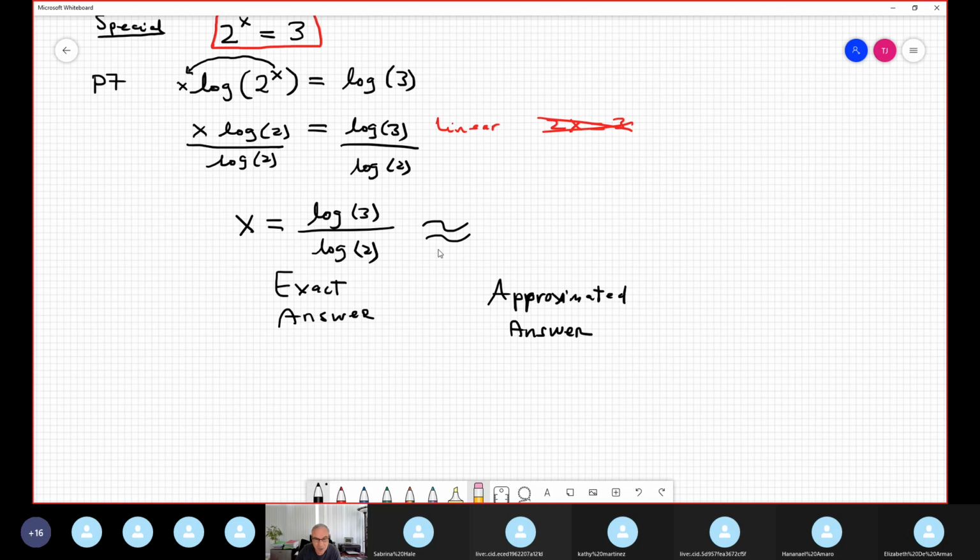Well, okay, I put it in a calculator and end the story. Come on, guys, I try to do it, and you try. I wait for your answer. You put in the calculator, press the famous key log of 3, divided by, log of 2, close the parenthesis, don't forget, press enter.